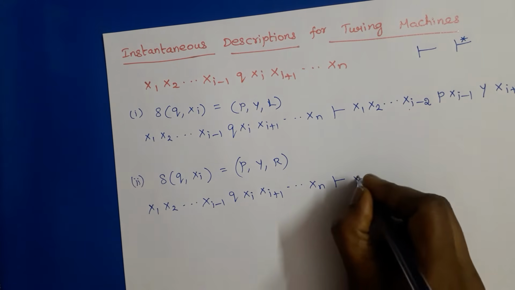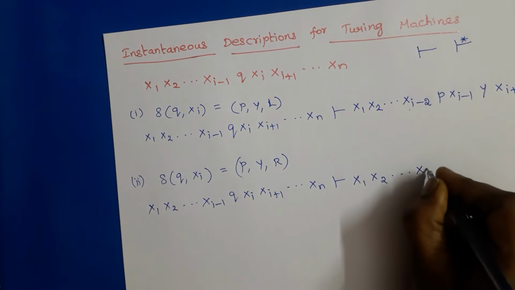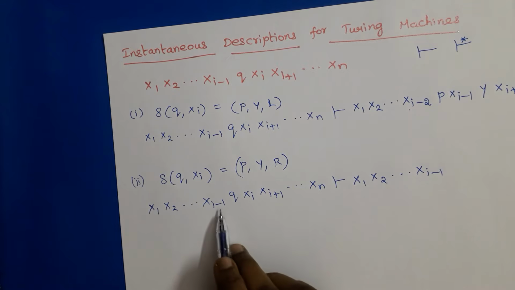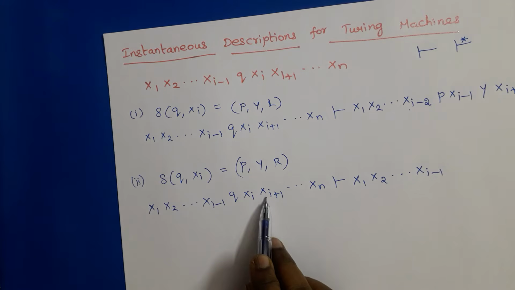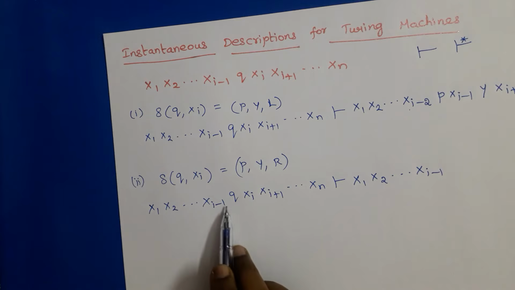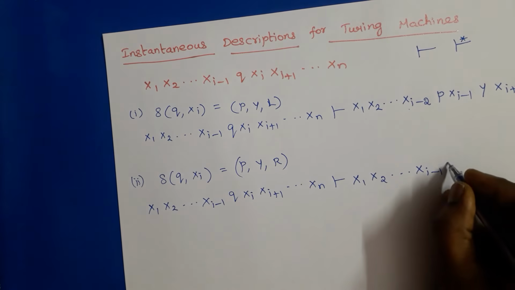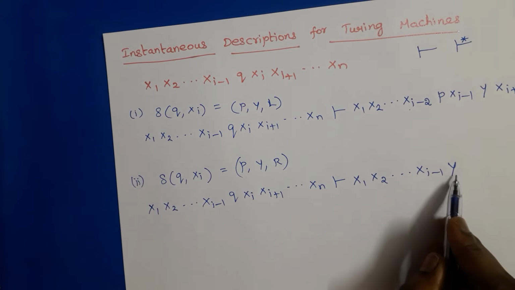So we have to write x1, x2 up to xi minus 1, no change up to these symbols. Then we have to write xi, because the tape head now should scan xi plus 1. So after writing xi minus 1, we need to write xi, but instead of xi we have to write y. So the tape symbol is replaced by y.